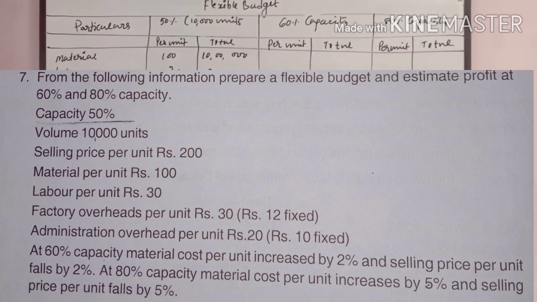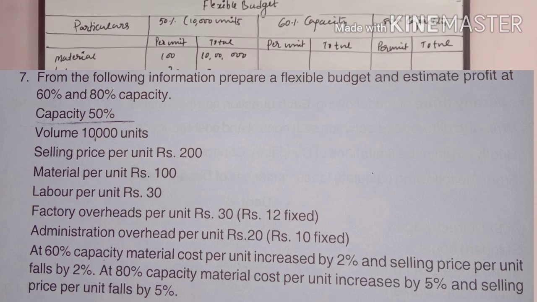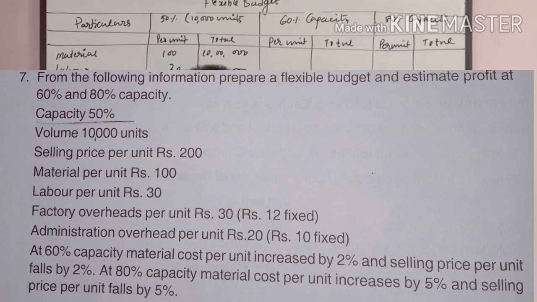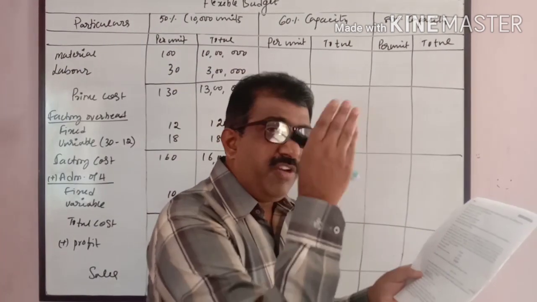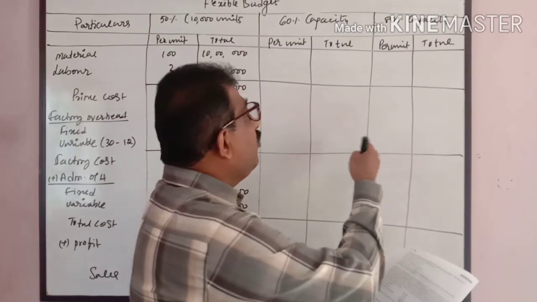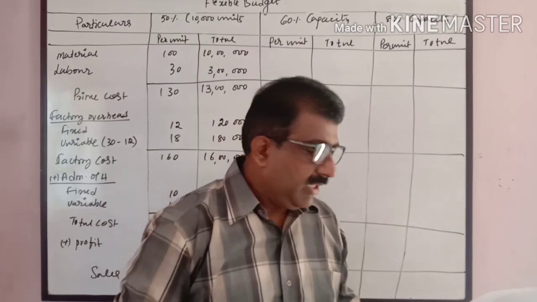Now, at 50% capacity, the expenses incurred by the organization are given, so they are known to us. With the help of this, I will fill up 50% capacity, then I will go for 60% and 80% capacity.